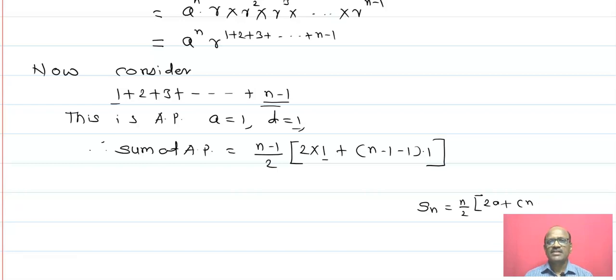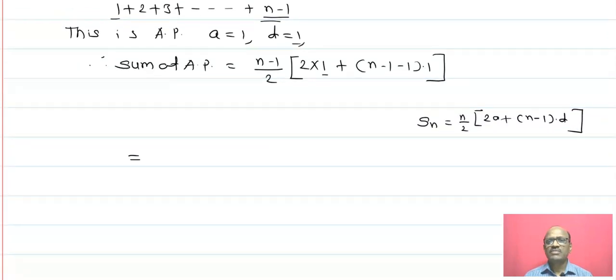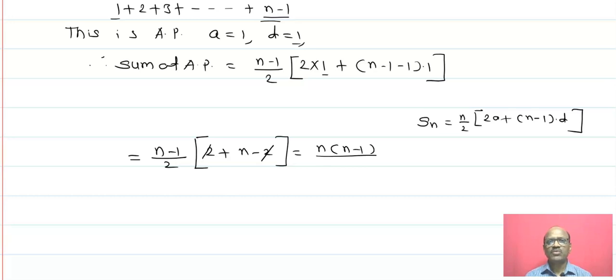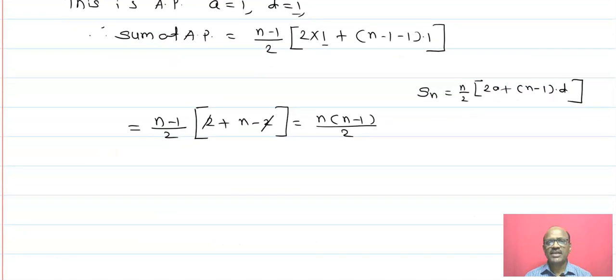I had written the formula for Sn: Sn is equal to n upon 2 in bracket 2a plus n minus 1 into d. Therefore, we have n minus 1 upon 2 in bracket 2 plus n minus 1. The 2 and minus 2 get cancelled, giving n into n minus 1 upon 2.